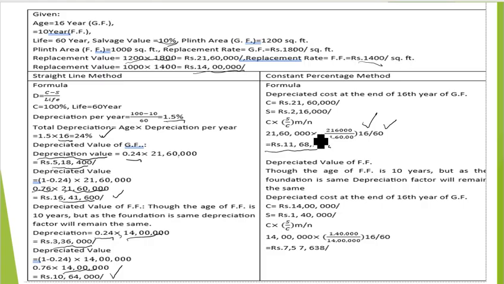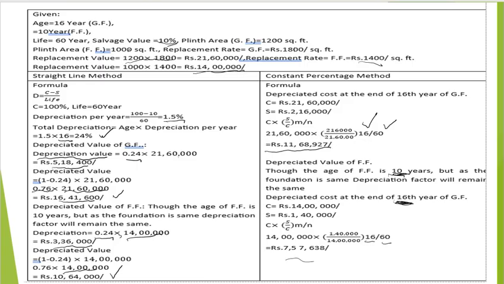Similarly, depreciation for the first floor. Though it is of 10 years, we will apply the same depreciation of 16 years as the foundation of both is the same. So original cost is 14 lakh. Salvage value is 1 lakh 40,000. C into S upon C raised to the power M upon N. You put all the values: 14 lakh into 1 lakh 40,000 upon 14 lakh raised to the power 16 upon 60 life.